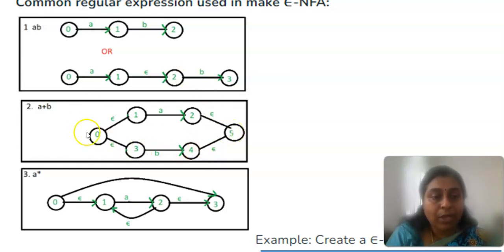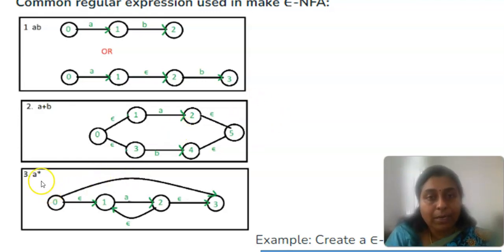So this is how, when a given regular expression contains A or B, we may fit this epsilon NFA model onto the particular epsilon NFA for which we are finding.